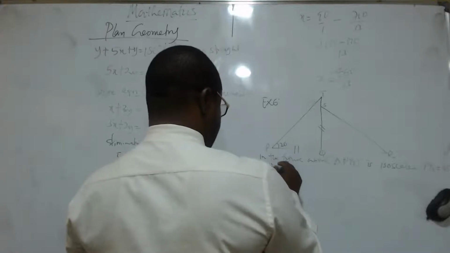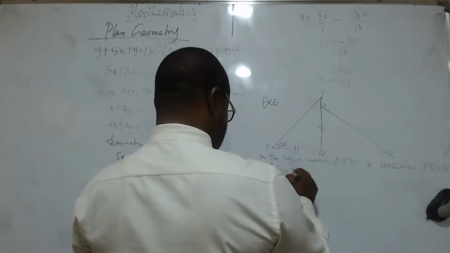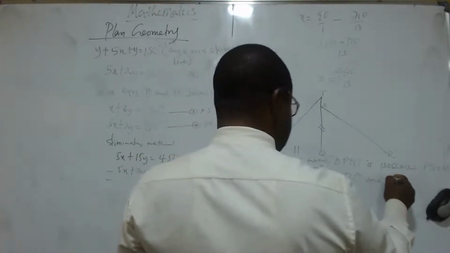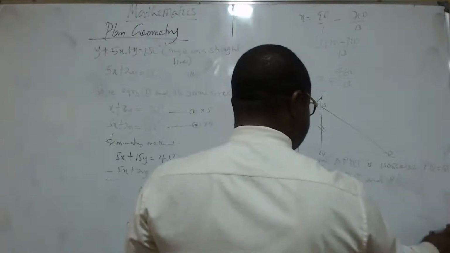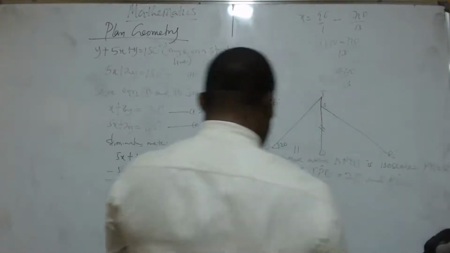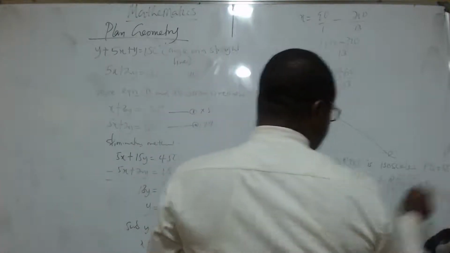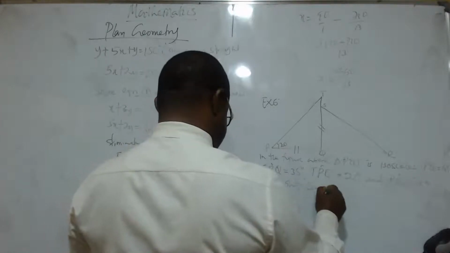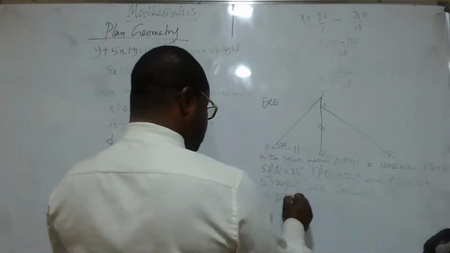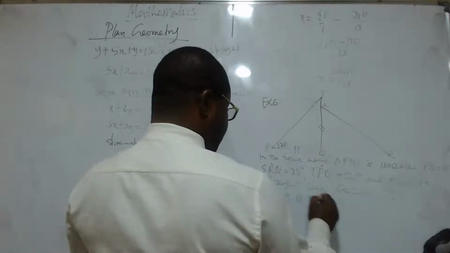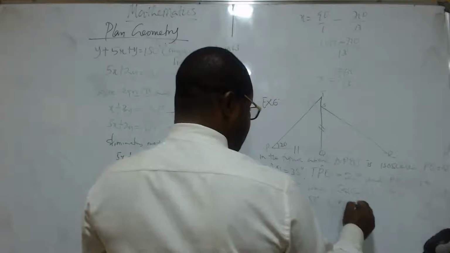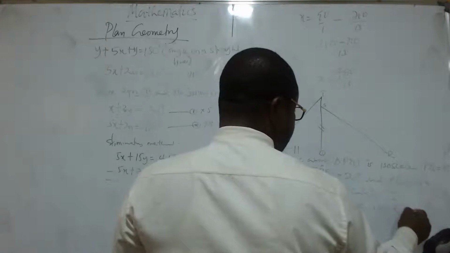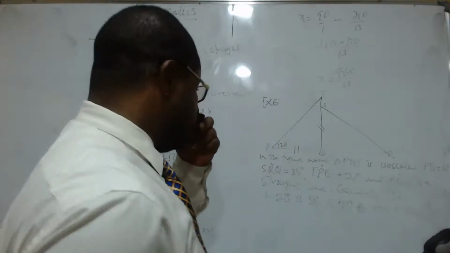Then XRQ equals 35 degrees, TPQ equals 20 degrees, and PQR is a straight line. Find X. A, we have 20 degrees. B, 55 degrees. C, 25 degrees. D, 140 degrees. Then E, 150 degrees. That is the option.